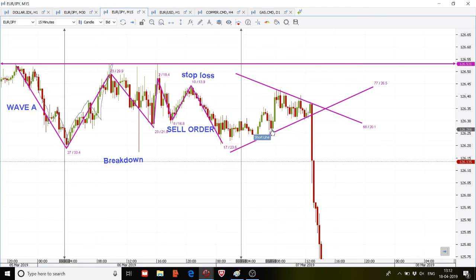So you can keep a pending order around this level as well. As soon as it breaks this series, 126.248, you can keep a stop loss around this level. So the pending order is around this level, and then the stop loss will be above the high in the series. For the safety side, I am giving you an idea of a wider stop loss.